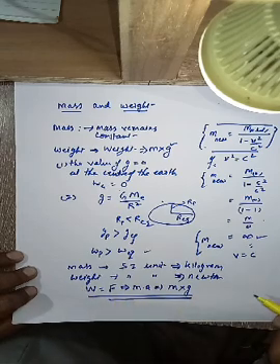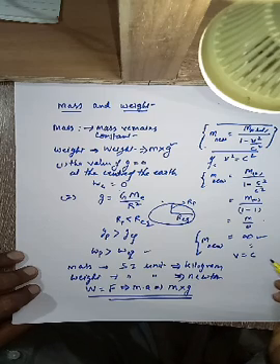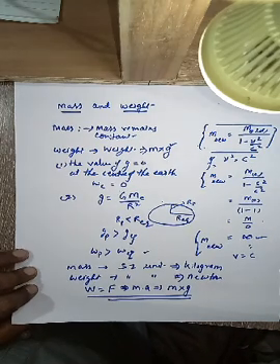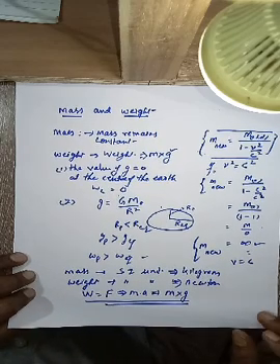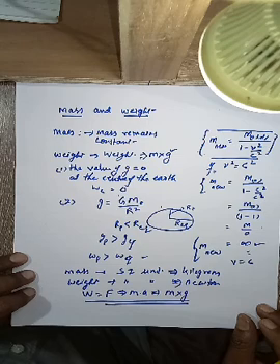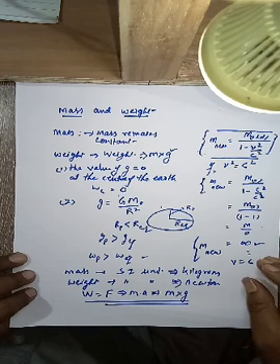So this is all the fact about mass and weight. I believe all of you must have understood. These things are not very hard. If you go through the books one or two times, you will come to know, and you can see my lecture again and again.